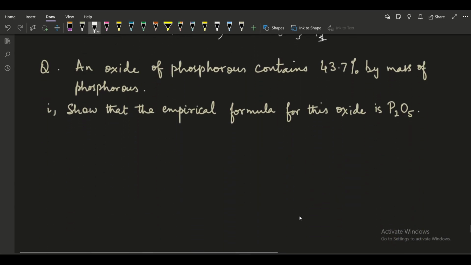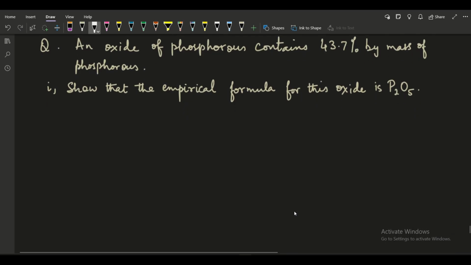Now the next one is that an oxide of phosphorus contains 43.7% by mass of phosphorus. Over here they have not given the mass in grams. So what will you do? You will write percentage as mass in gram, and it is written for only phosphorus.